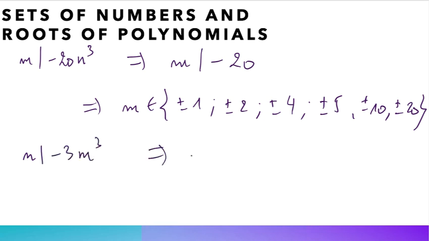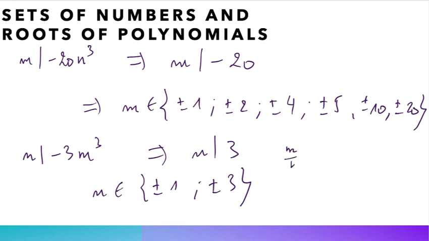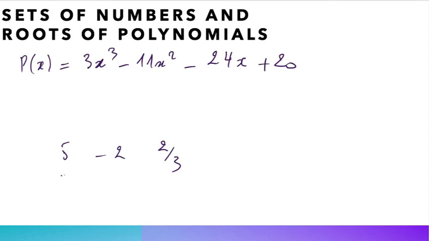This means that n must divide 3, and so n belongs to the list plus or minus 1, plus or minus 3. Now, as a matter of inspection, we find that m over n equals 2/3 is the last root of our polynomial. Thus we have shown that 5, minus 2, and 2/3 are the roots of our polynomial.